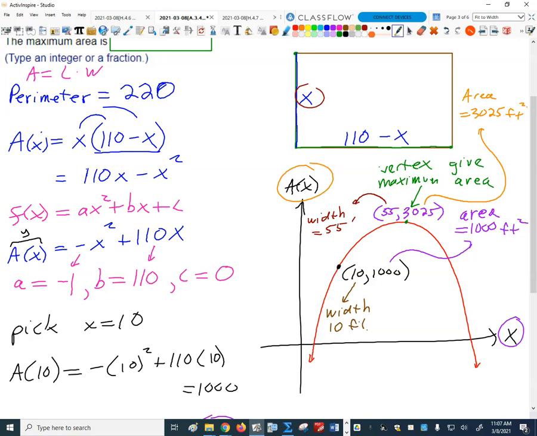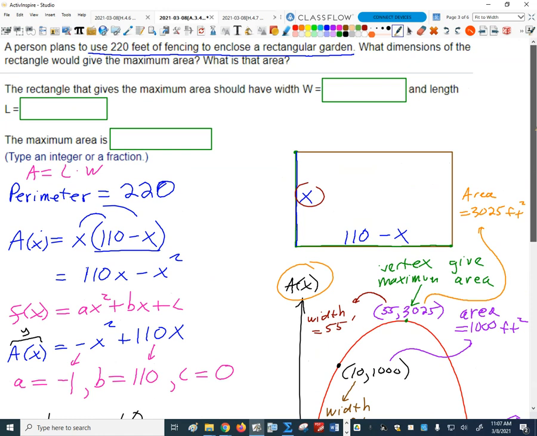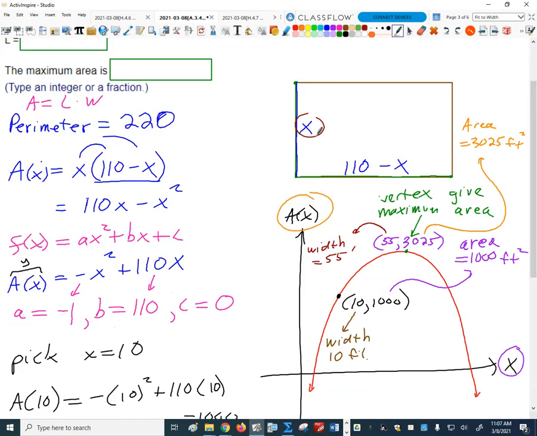Okay, that's pretty cool what we just did, right? This is once again where we get that intersection of totally abstract math and the real world. We've got this function that we built that models area as a function of width, and because it is a quadratic function in standard form, we know it opens down and we can calculate the coordinates of the vertex really easily, using our little formula, negative b over 2a to find h and plug it in to find k.